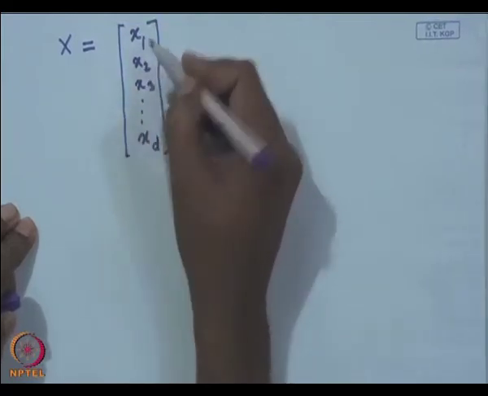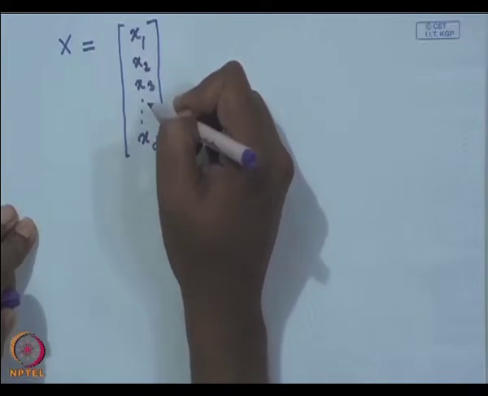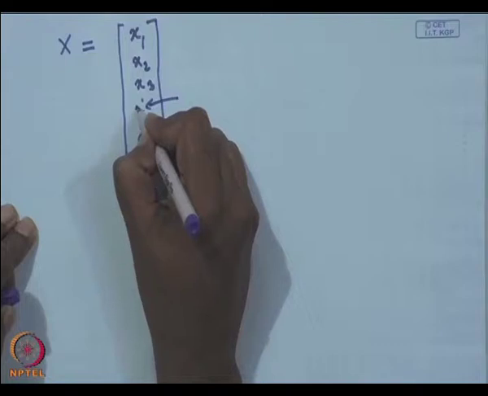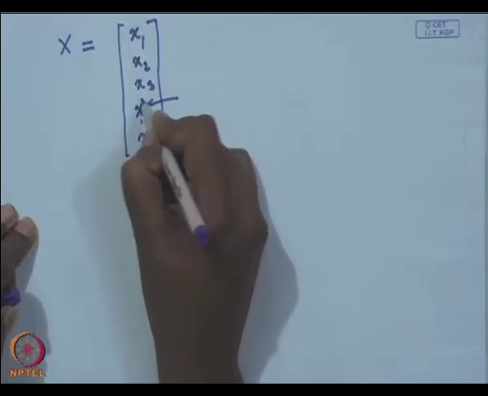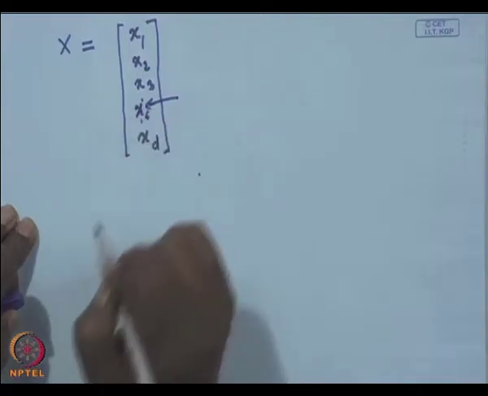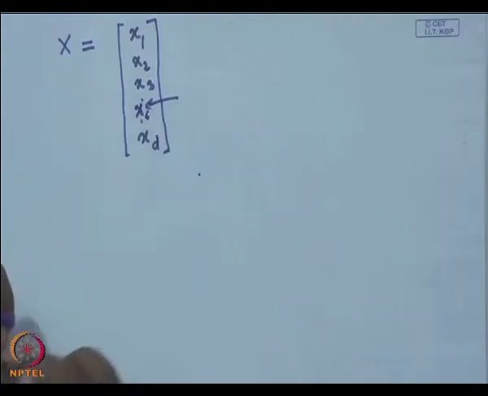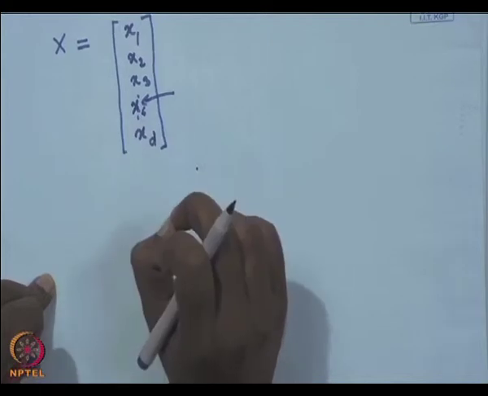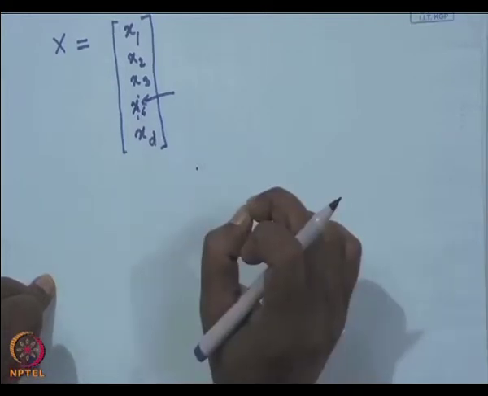Each of them, whether x 1, x 2, x 3, x d, or in general an ith element x i, represents a particular characteristic or feature of the pattern which we want to classify.